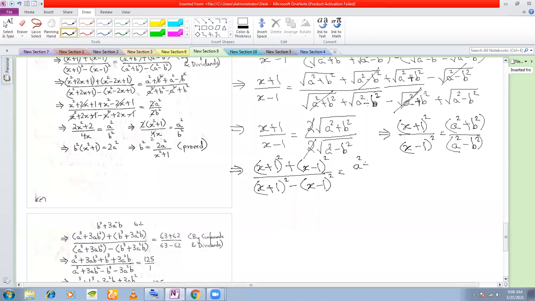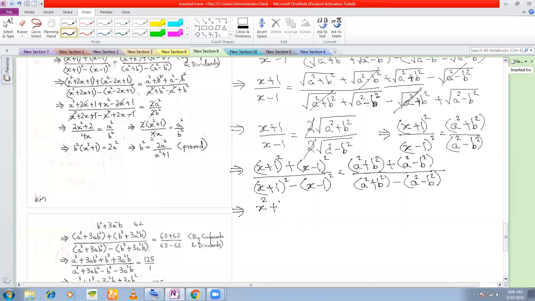And out here you have a square plus b square, the numerator plus the denominator divided by numerator minus the denominator. Next step, you expand on the left hand side, numerator and denominator by a plus b and a minus b whole square.